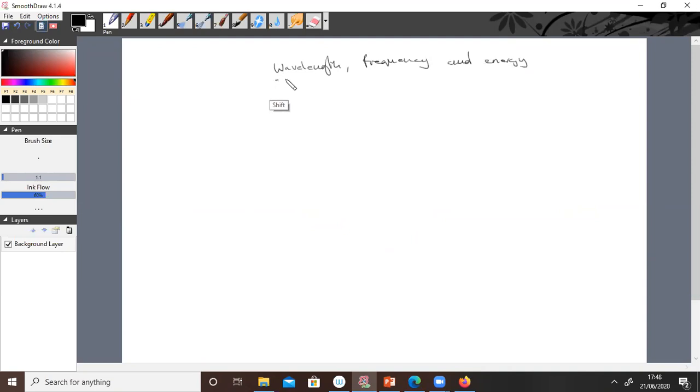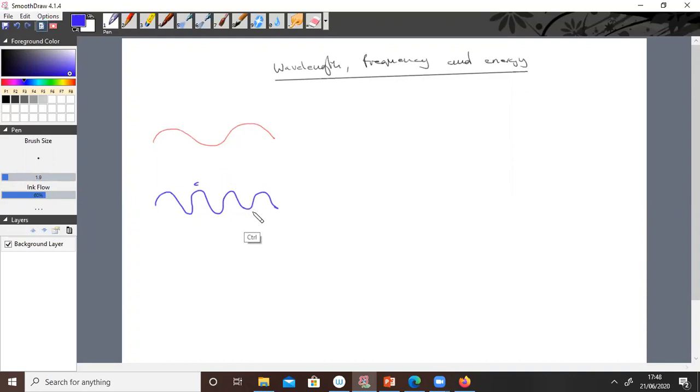Now, let's compare two things. Let's compare red, which has a longer wavelength, and blue, which has a shorter wavelength. You can see with blue, the distance between two peaks, the wavelength, lambda for example, is much shorter than the distance between two peaks there.